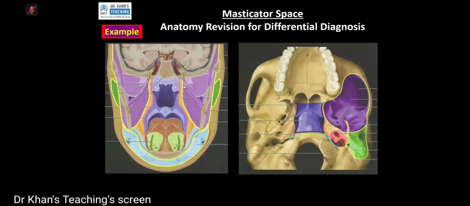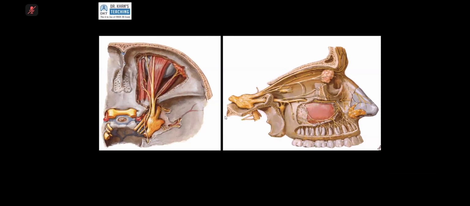This diagram also tells you on a coronal that this is the mandibular division, through which it goes into the cavernous sinus. The trigeminal nerve has got 3 divisions. V1 and V2 go into the cavernous sinus. V2 then goes into the foramen rotundum, but V3 goes down, and this is foramen ovale.